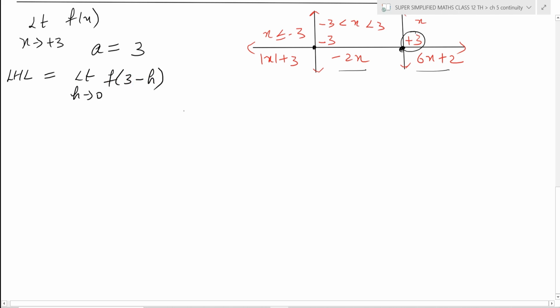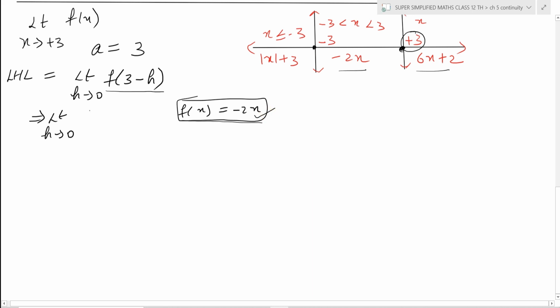Now what is f(x) in left of plus 3? f(x) is minus 2x in the left hand side of plus 3, and therefore this left hand limit becomes limit h tends to 0. To get the value of f(3 minus h), we use this value of f(x) and we replace this x by 3 minus h.